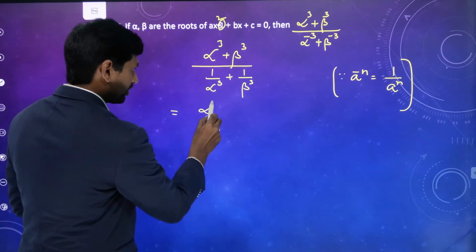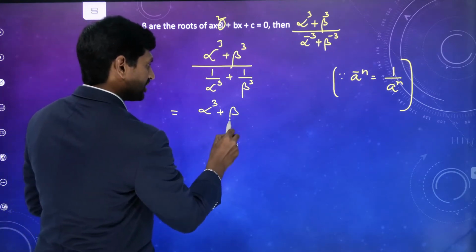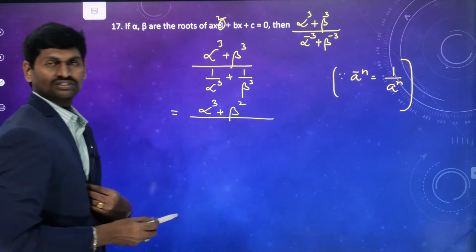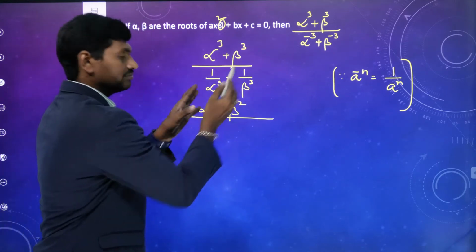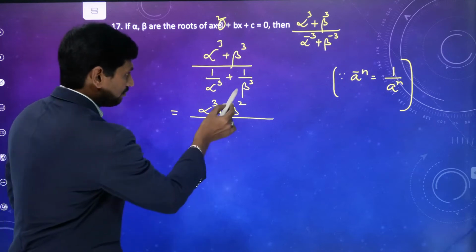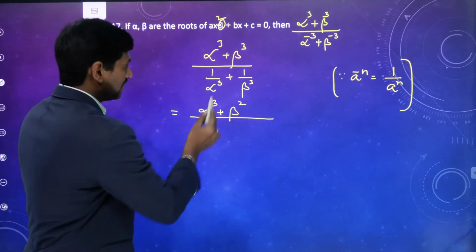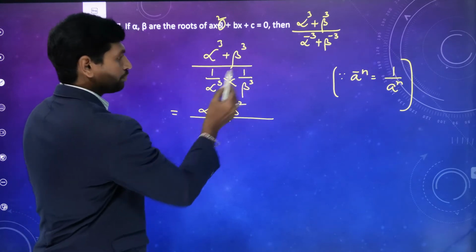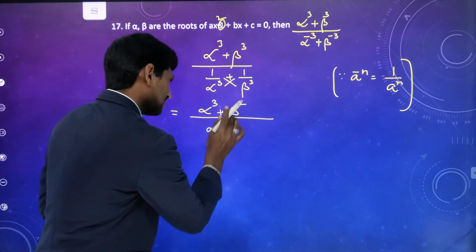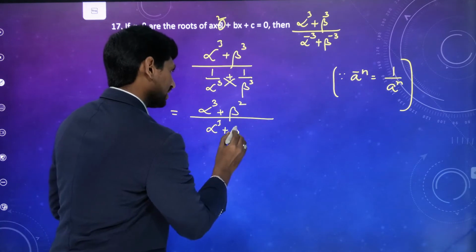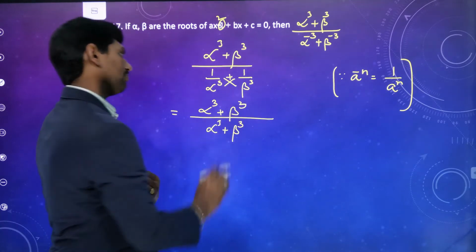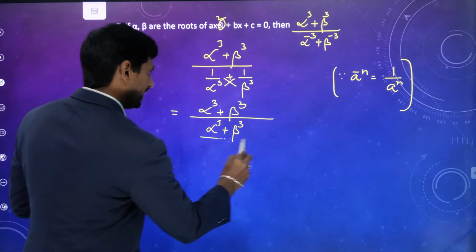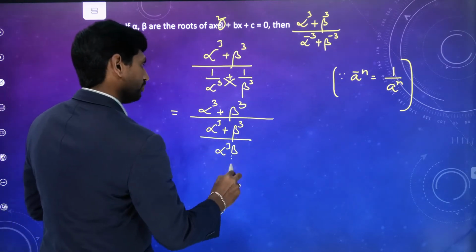I am not touching the numerator. Just I am doing the simplification in the denominator. Like LCM. Beta cube into 1 by beta cube plus alpha cube into 1 by alpha cube, nothing but beta cube plus alpha cube, means alpha cube plus beta cube whole by alpha cube into beta cube.